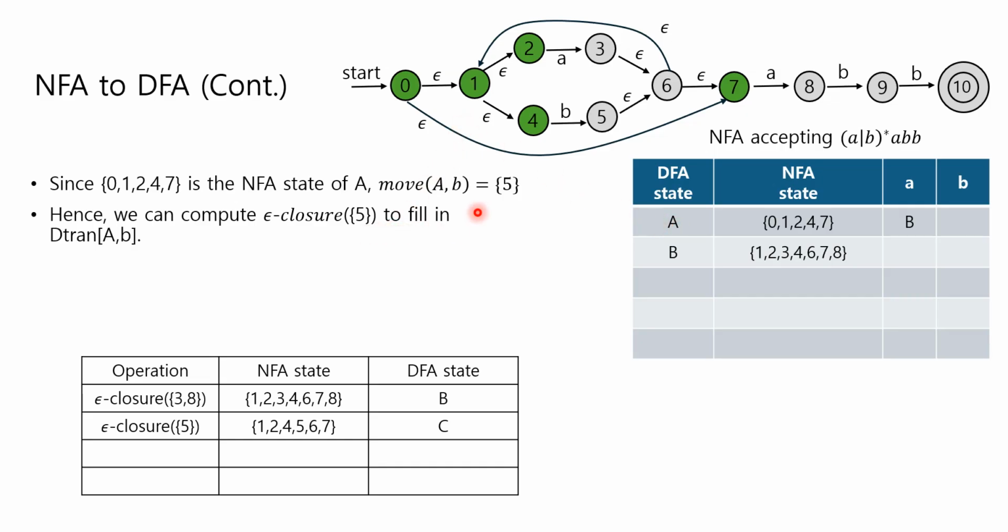we find out the states to which there is an input symbol b from some states in this NFA state.